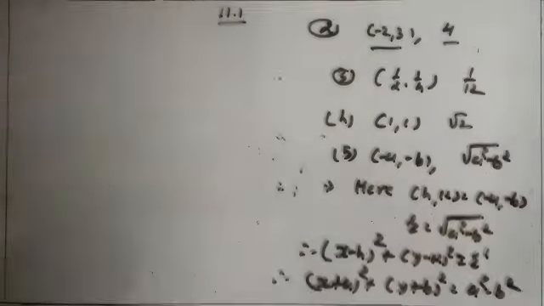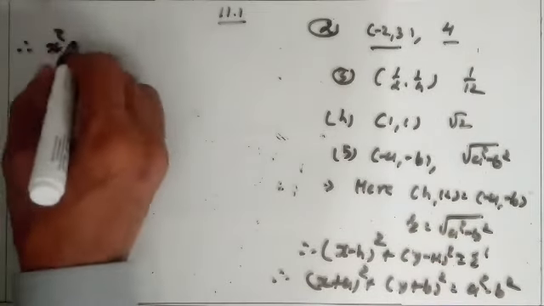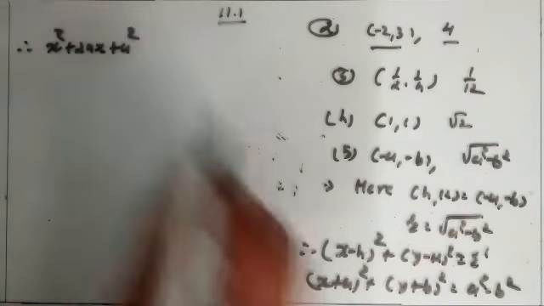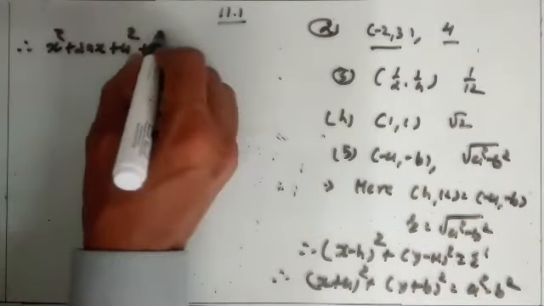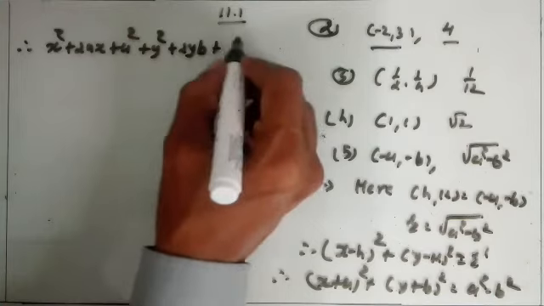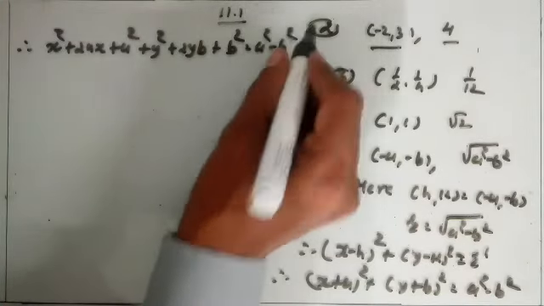Now simplify this. So here x square plus 2ax plus a square plus y square plus 2yb plus b square is equal to a square minus b square.